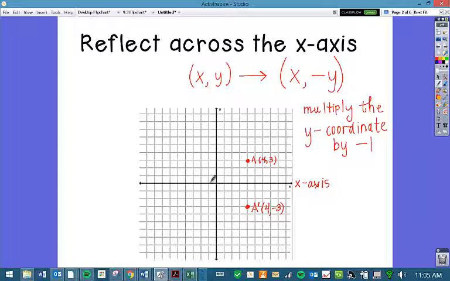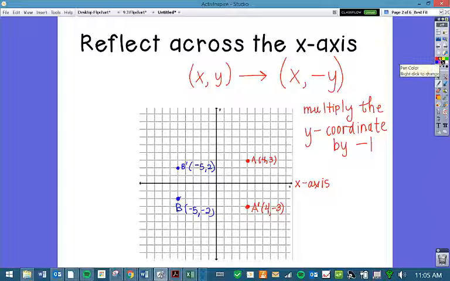Let's put point B at (-5, -2). I want you to move this point across the x-axis. It's 2 below, and so you should put B prime at (-5, 2).